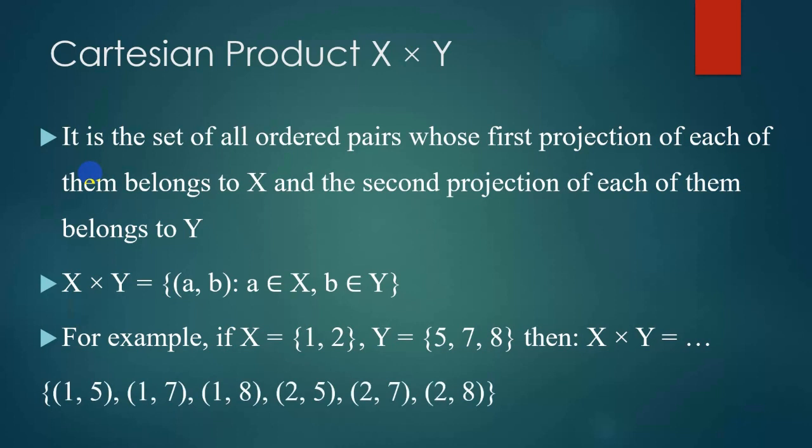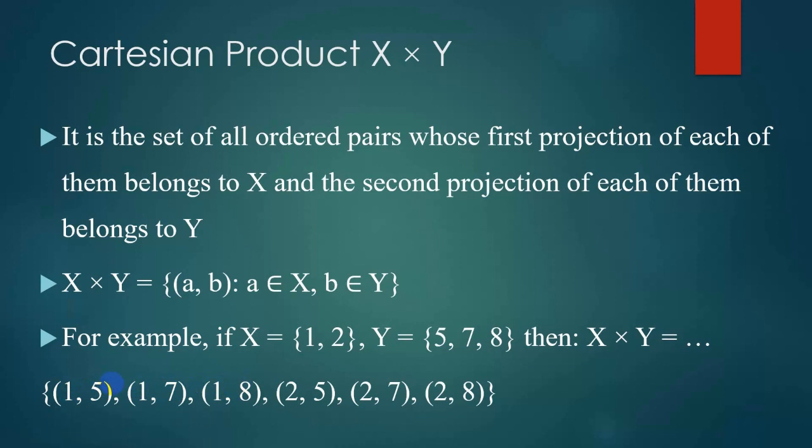You note that the element 1 of the set x has been a first projection three times, each time with one of the elements of the set y. (1, 5), 1 is a first projection with 5. (1, 7), 1 is a first projection with 7. (1, 8), 1 is a first projection with 8. So 1 is a first projection with all the elements of y.